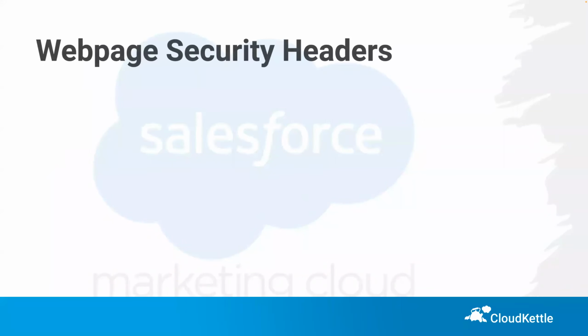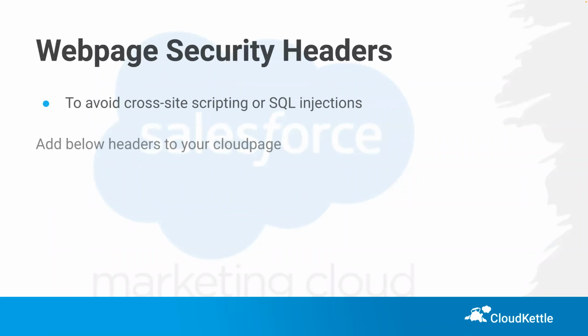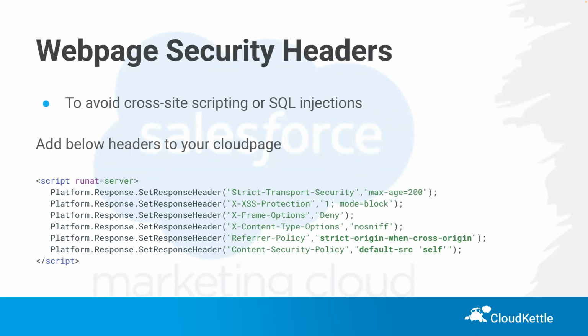The next way is you can secure your public-facing web page by setting security headers, basically to avoid cross-site scripting or SQL injections. You can set up these header items in your cloud page or in any web resource, be it a JavaScript resource or XML content, and your page would be secure.